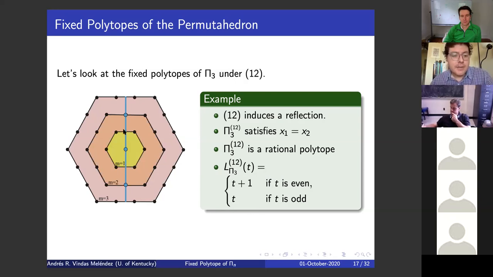And in this case, we only care about whether the dilation is even or odd, right? Because since it's half integral, when we dilate it by an even number, we're back to a lattice case, okay? And so here we have the Ehrhart quasi-polynomial. It's t plus 1 if t is even and t if t is odd, okay?